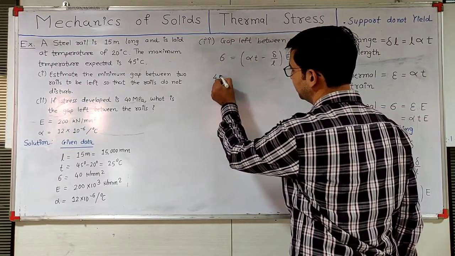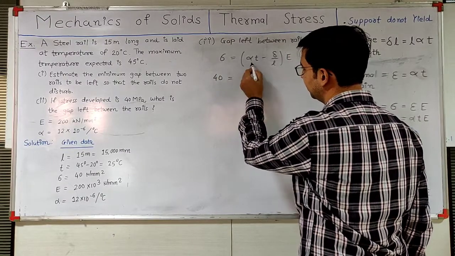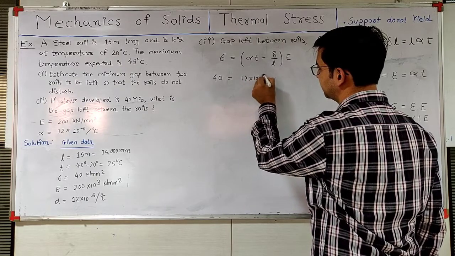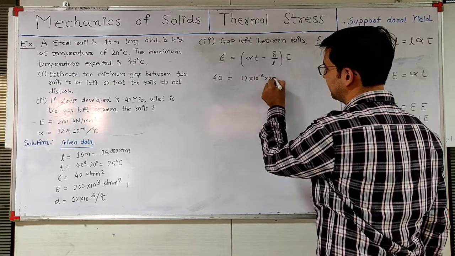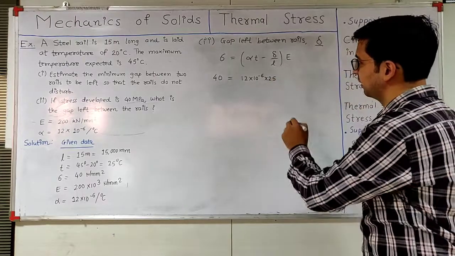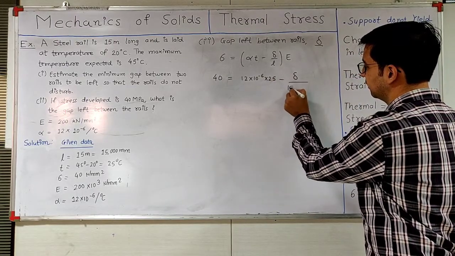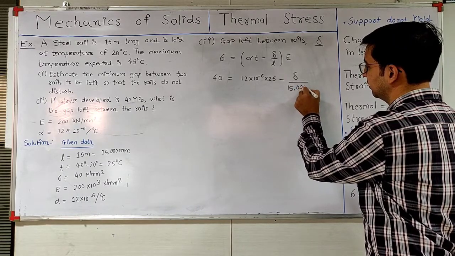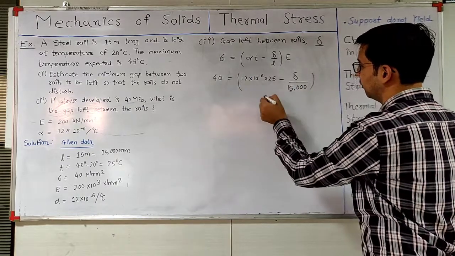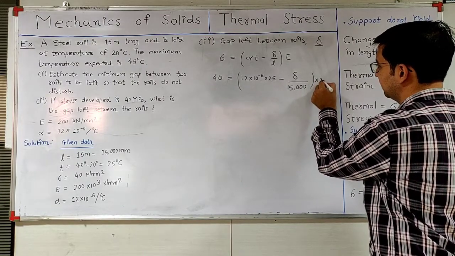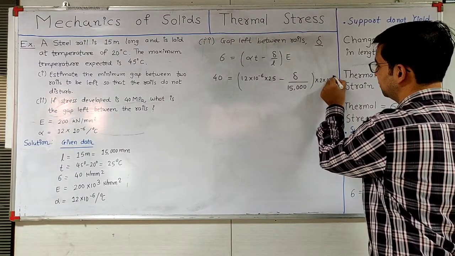So substitute all the parameters in this equation. Value of alpha as 12 into 10 raised to minus 6, temperature difference is 25, minus delta is unknown, length is 15,000. All these values multiply with modulus of elasticity as 2 into 10 raised to 5.